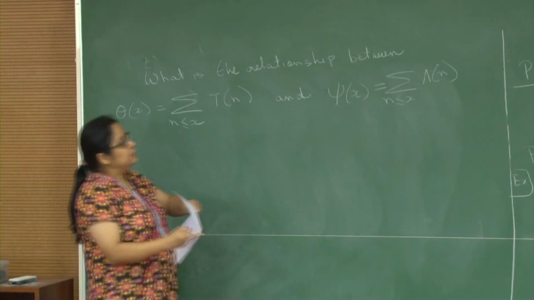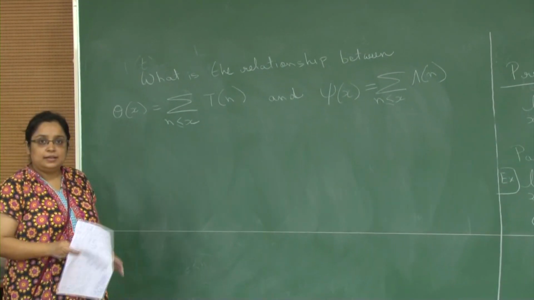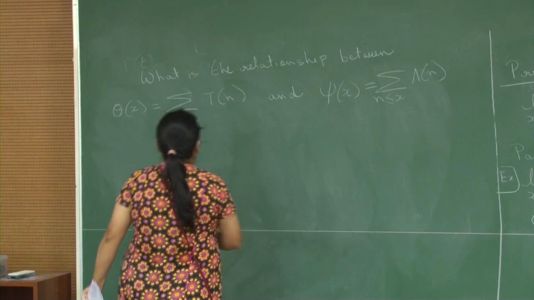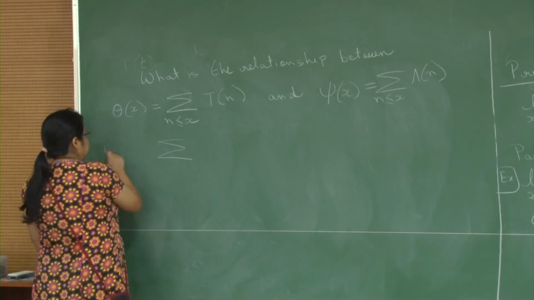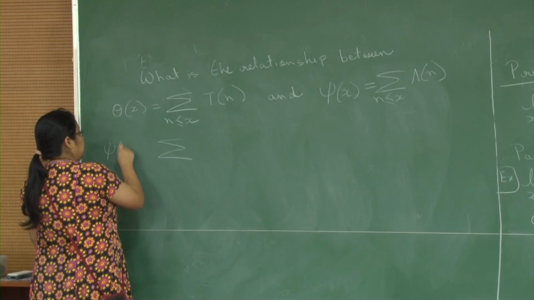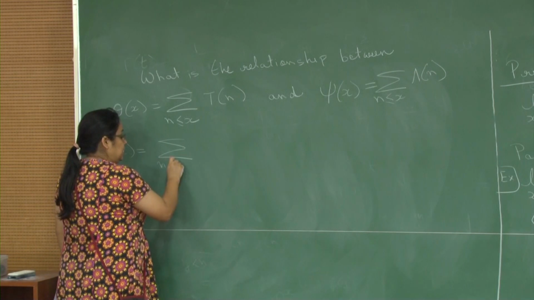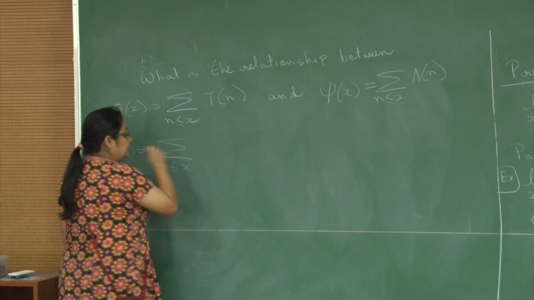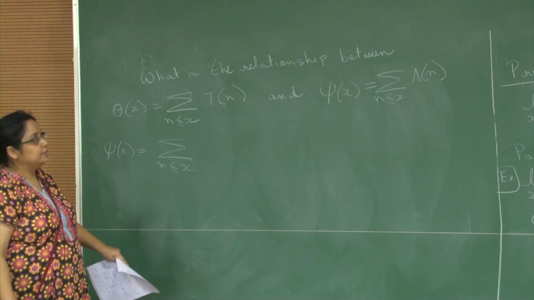Is this sum really much bigger than this sum here? So, let us write this down. So, psi of x is equal to the summation over n less than or equal to x of lambda of n.